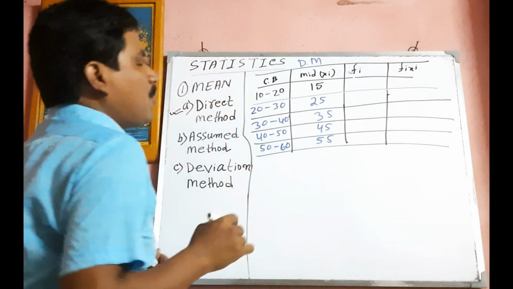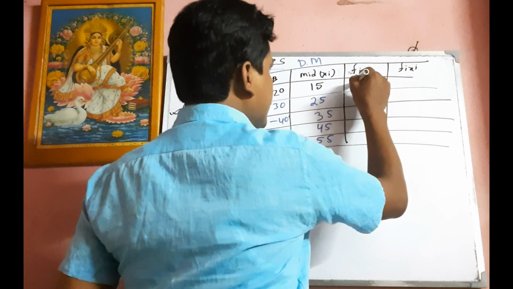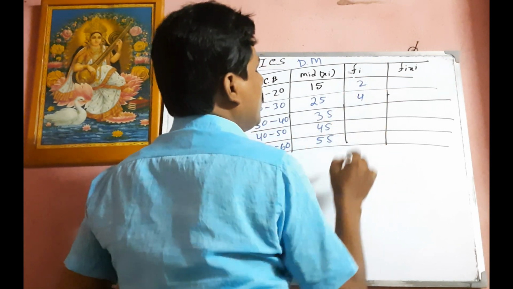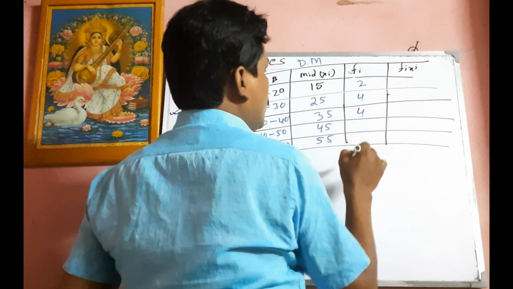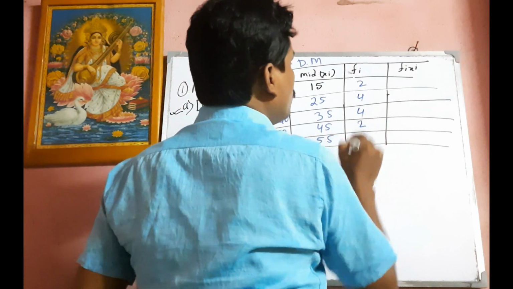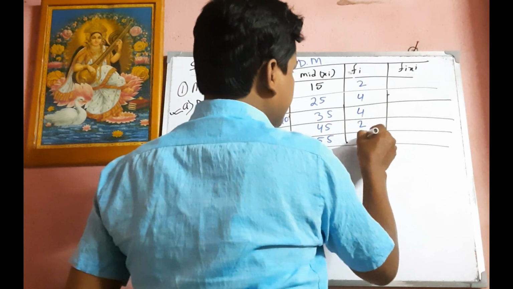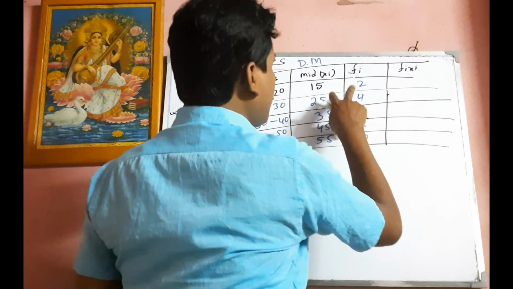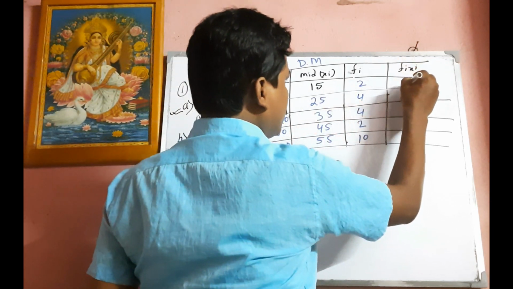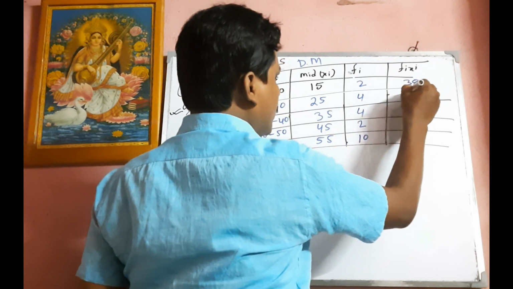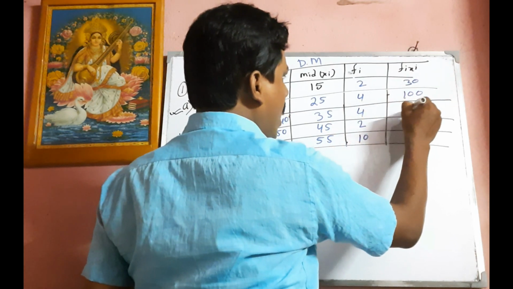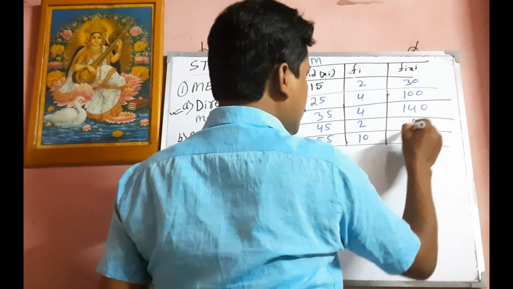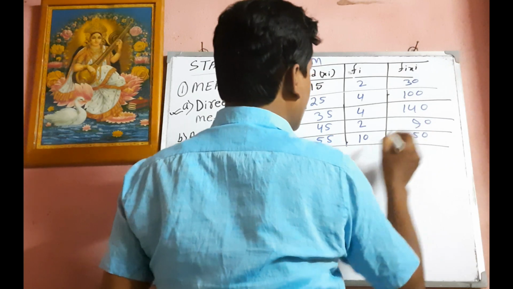Now if we take the frequencies as 2, 4, 4, 2 and 10, then the multiples fi xi are 30, 100, 140, 90 and 550.